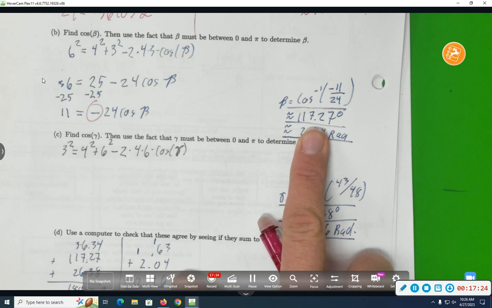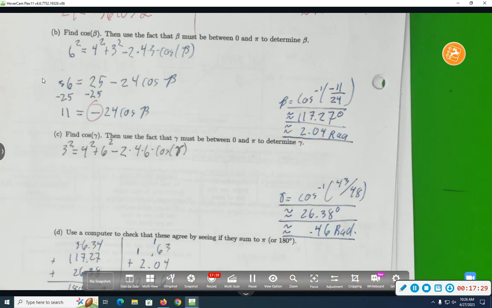Well, I just calculated it again, because I took the inverse cosine of 11 over negative 24, and I got that same result without the negative sign. Shouldn't have. You should have gotten 180 degrees minus that.